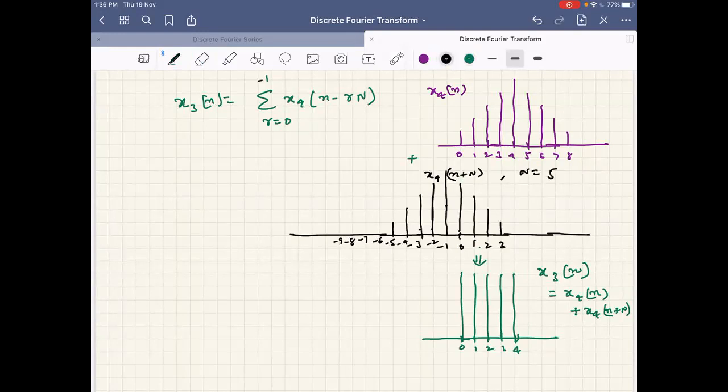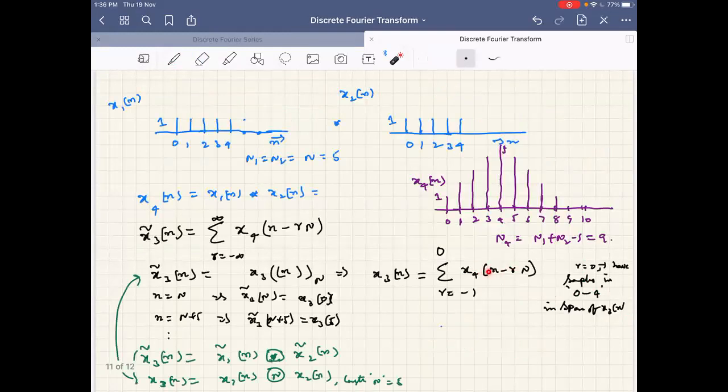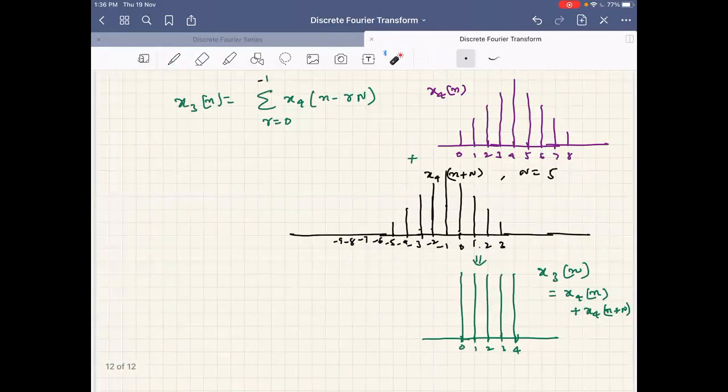In the region of the sequence, wherever there is an overlap, that periodic shift we have to consider for writing the time aliasing for x3 of n. So you can see that we got x3 of n through the linear convolution. What we have got is circular convolution from linear convolution. This is the linear convolution result, and this is the circular convolution result.